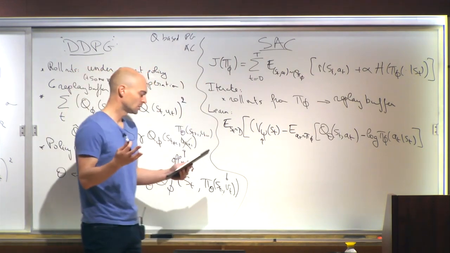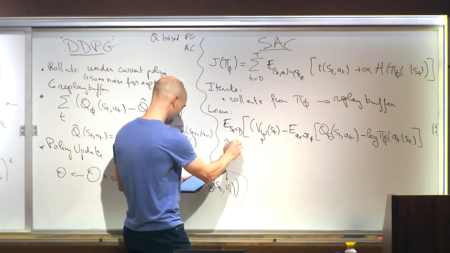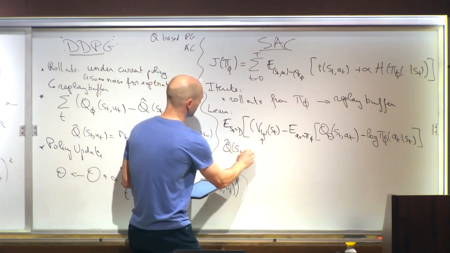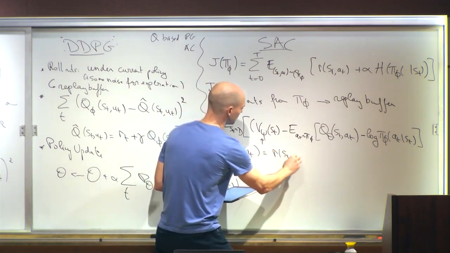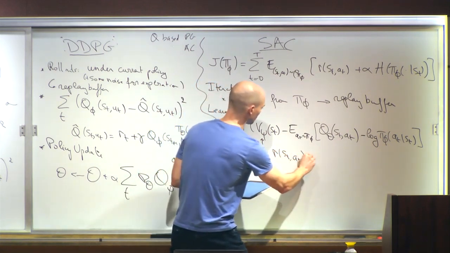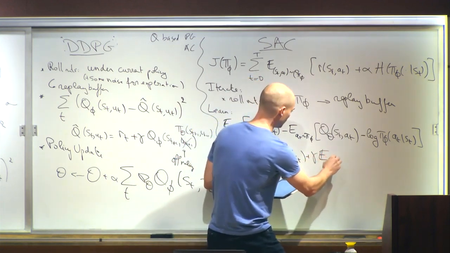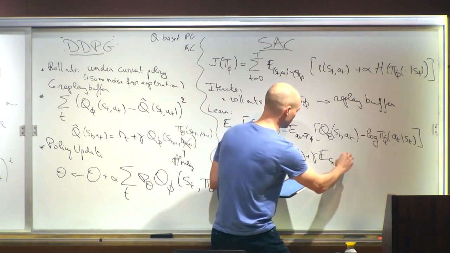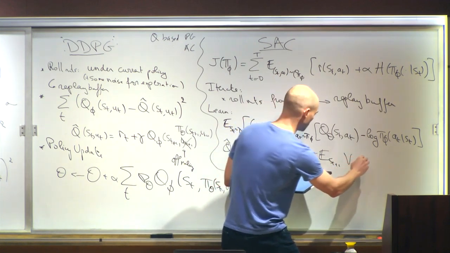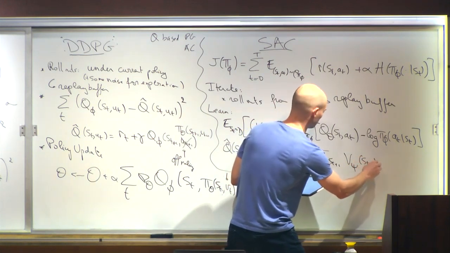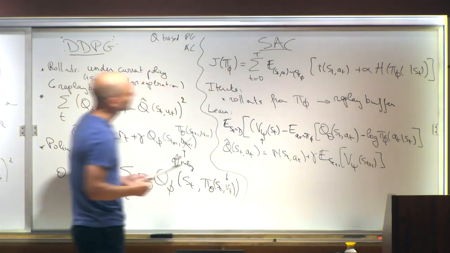How about our target Q values? Our target Q values, Q hat of s_t, a_t, equal the reward we encountered plus gamma times the expected value over s_{t+1} of V psi of s_{t+1}. Okay? That's our target Q value.